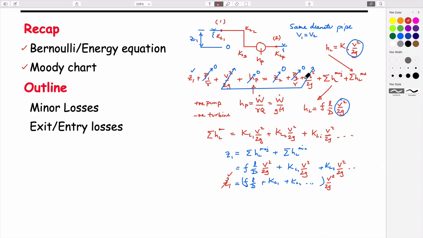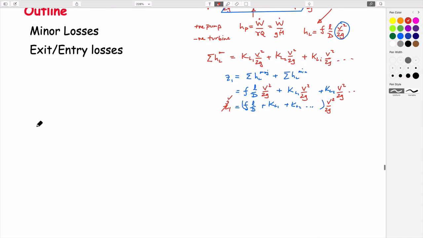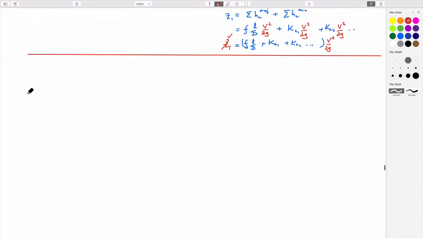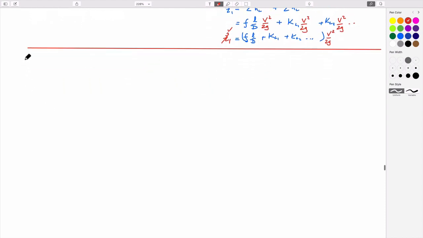So you can imagine that we might want to look at flows in pipes, which is what we're talking about anyway.